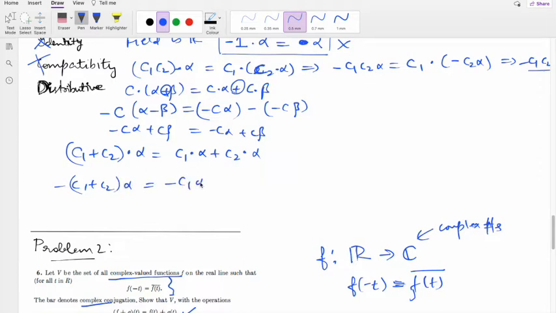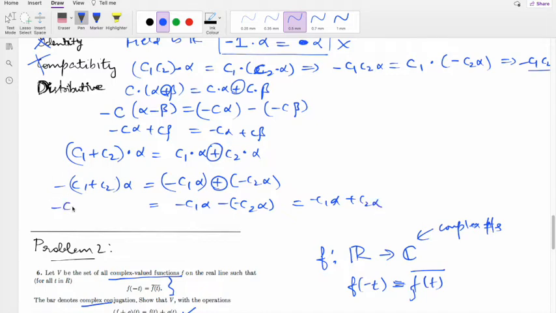This is again minus c1 alpha, and this is the vector addition defined, so this is plus circle because it's between two vectors, times minus c2 alpha. Now a plus circle b is nothing but a minus b in our case. So it is minus c1 alpha plus c2 alpha, and this is minus c1 alpha minus c2 alpha, which is again not true, right?